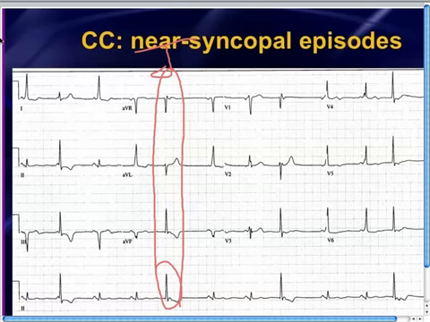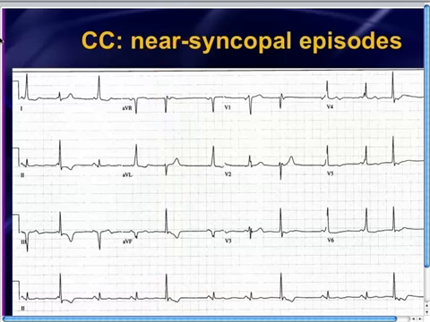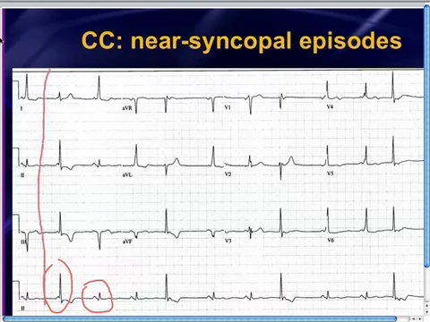The reason I point this out is that when people were looking at this lead, they weren't sure whether this is the normal complex or that's the normal intrinsic complex. Well, from the rhythm strip you know that this is the normal intrinsic complex and this is the junctional beat, which means that these are all junctional complexes. So we'll put a little J there.